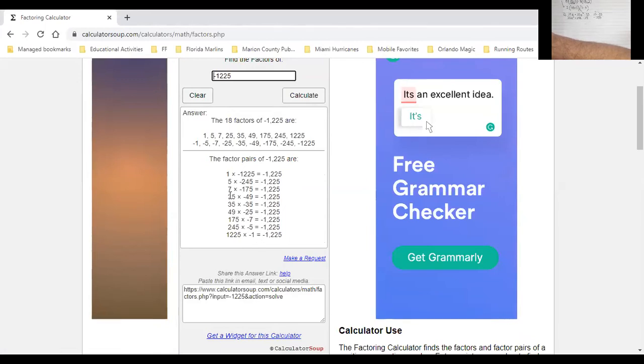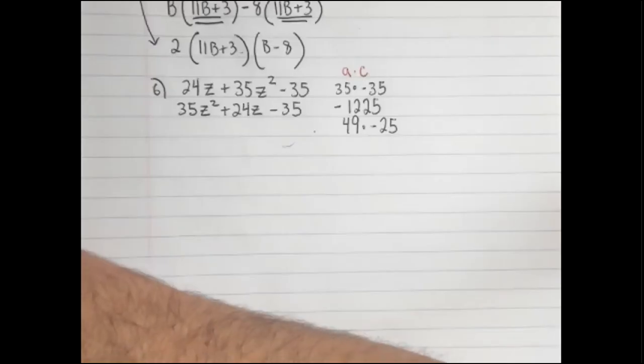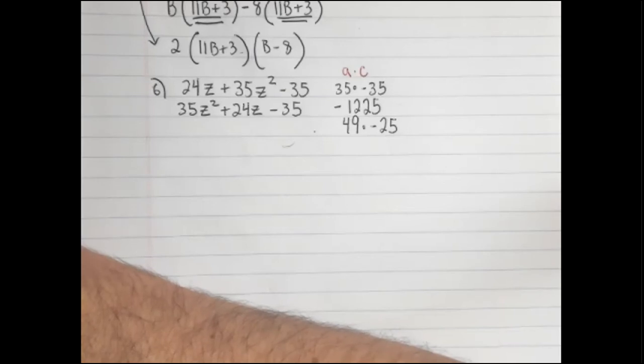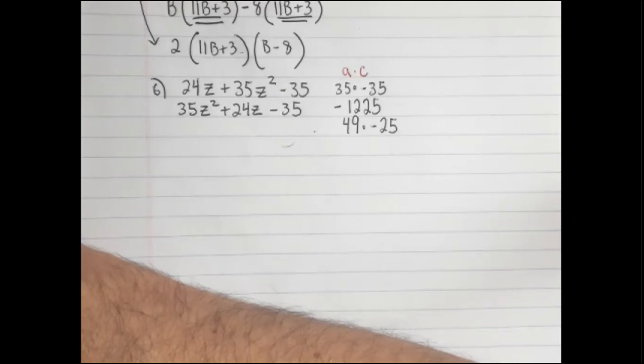Okay. So if you see this 25, negative 49, that actually gives me a negative 24. I don't want the negative, I want the positive value. So I'm going to use this combination here: 49 times negative 25. Remember that 49 times negative 25 will multiply and give me negative 1,225.